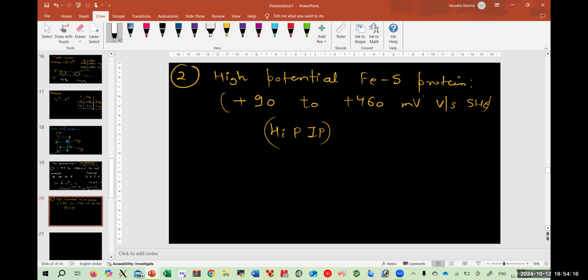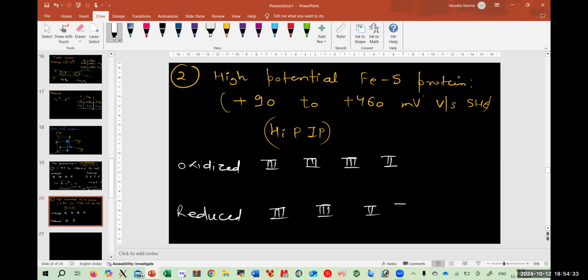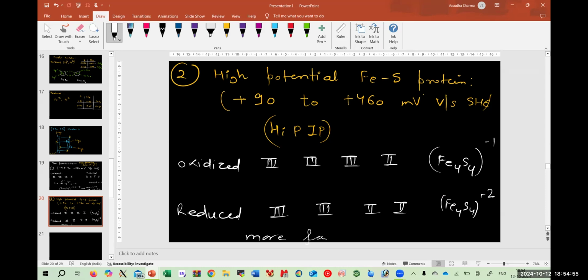Here the oxidized form would be 3 irons between +3 and +2, and in the other, 2 in +3 and 2 in +2. If you see the net charge, it would give you an Fe4S4 net charge of -1, and here the net charge is -2, so this is more favorable, right? So it's kind of more favorable.